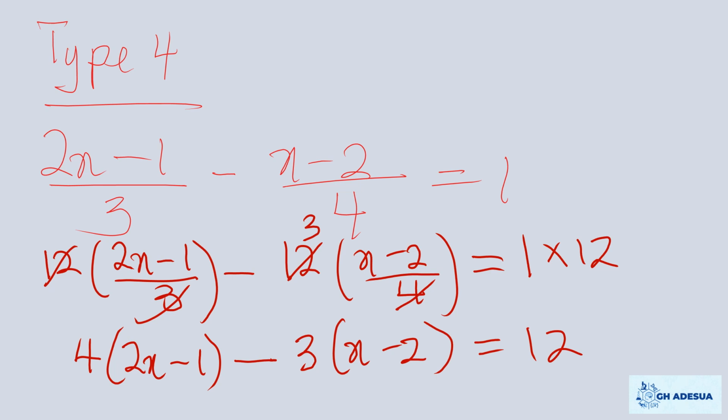So you have 4 into bracket 2x minus 1, minus 3 into bracket x minus 2 is equal to 12. Okay, so now we need to take this to the next slide so that we solve.